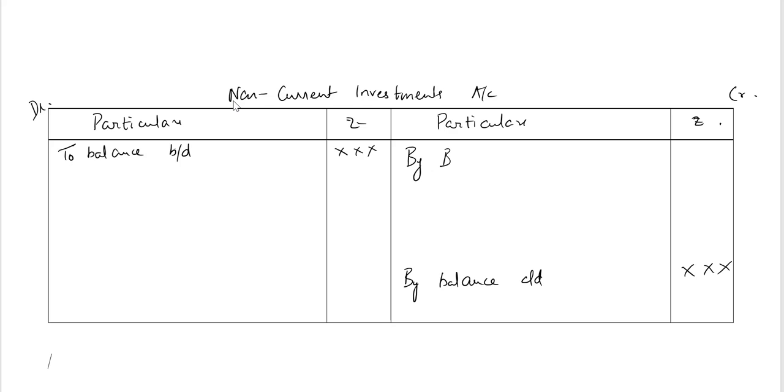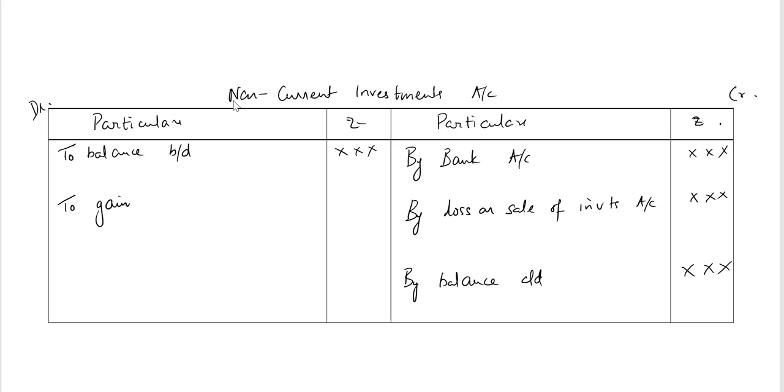For sale of investments, by bank account. Any loss on sale, by loss on sale of investments account, and in the case of gain on sale, to gain on sale of investments account. In case of purchase, to bank account, and it balances.